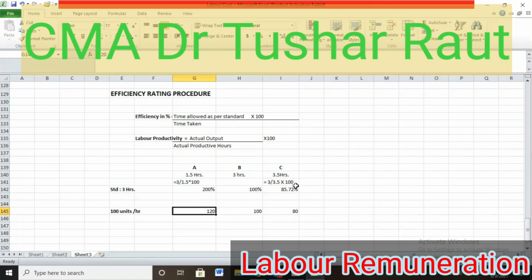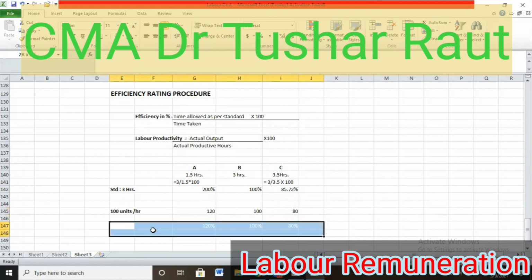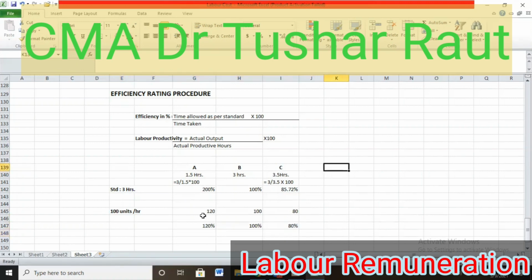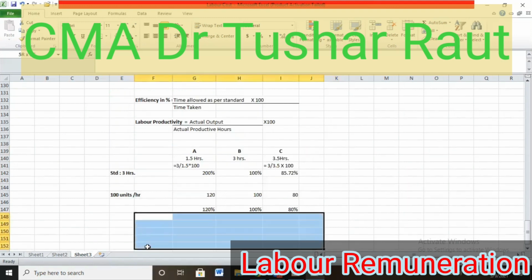He is working at 85.72% efficiency level. So his efficiency level is very low. So we can state that as per their record, A is 120%, B is 100% efficient, and C is 80% efficient in percentage form.